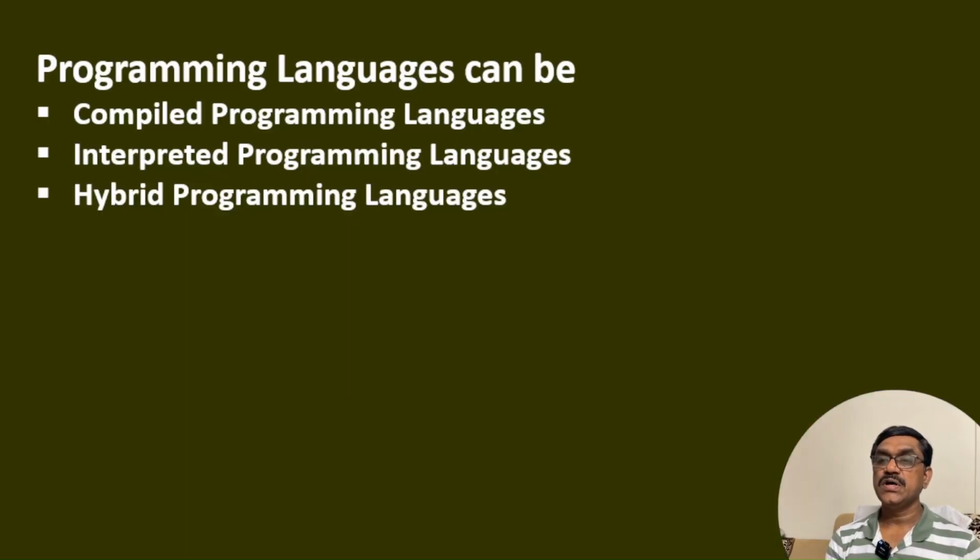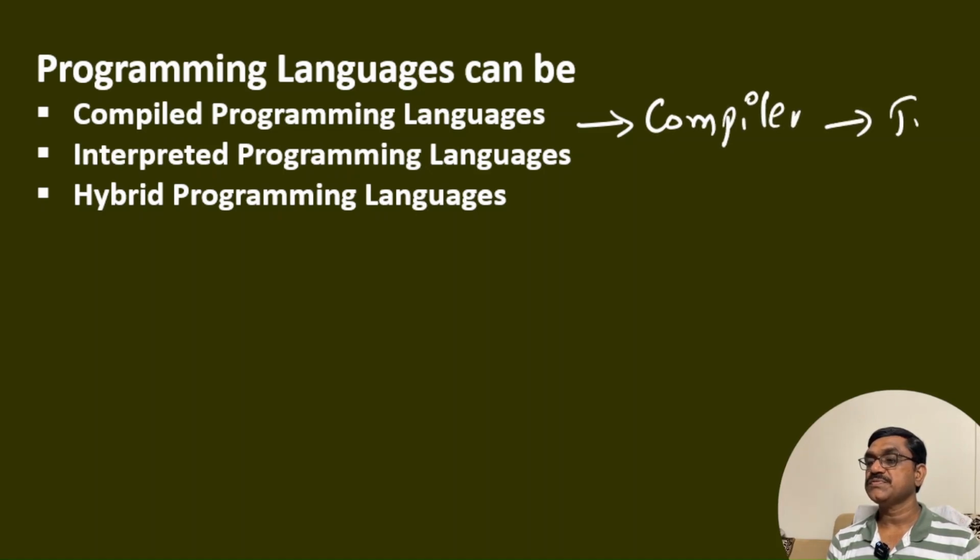Before moving on to the advantages and disadvantages, better to clarify what is the difference between the compiled programming languages, interpreted programming languages, and finally hybrid programming languages. First, what is meant by compiled programming languages? These are the languages which use the concept of the compiler for their translation.